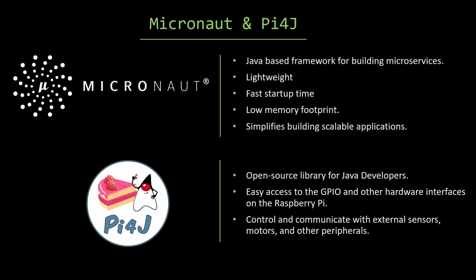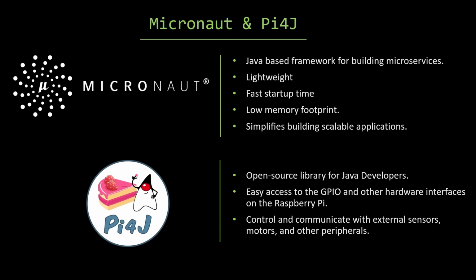As I said earlier, we use the Micronaut framework along with the Pi4J library to develop the Pi4Micronaut application. These are the two pillars of Pi4Micronaut. Why did we choose these two things? Micronaut is a Java-based framework that lets users build microservice architecture to develop applications.